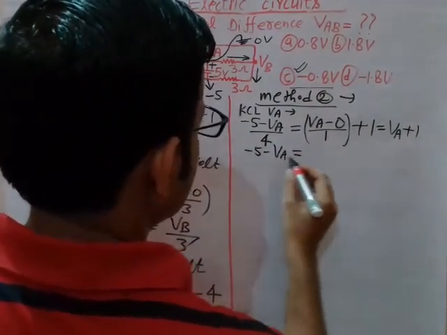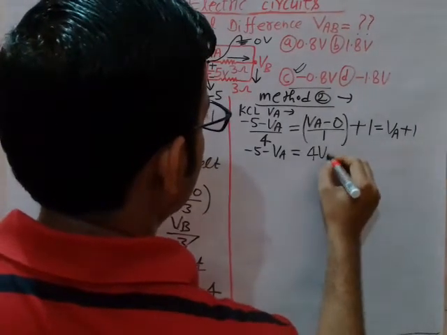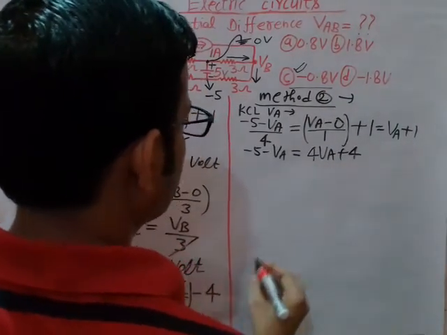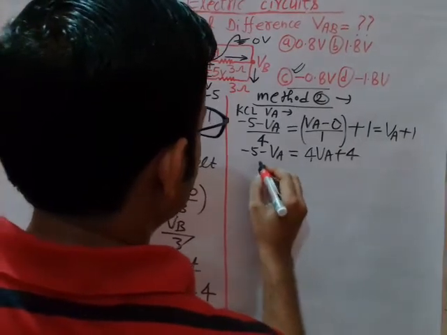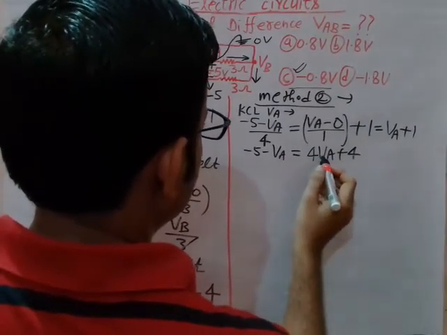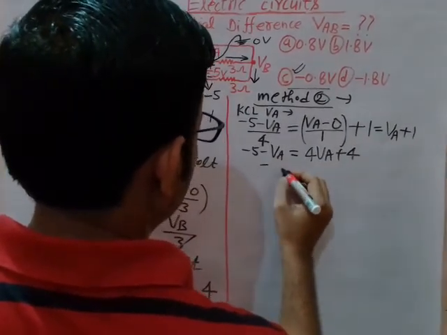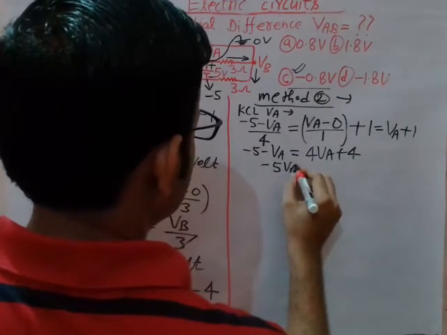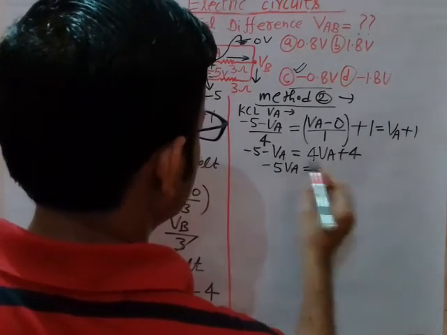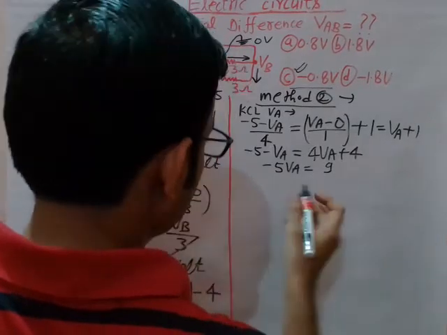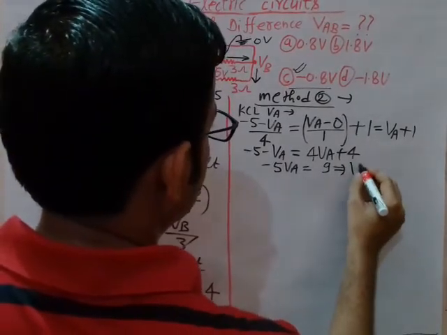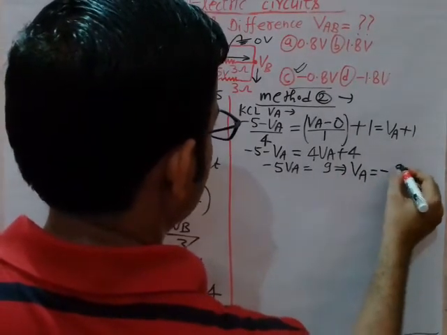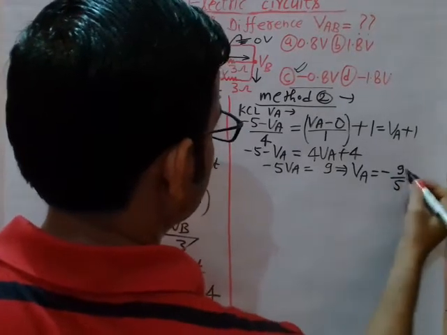So -5 minus VA is equal to 4VA plus 4. Or you can write minus VA minus 4VA, that means minus 5VA is equal to 4 plus 5, it is 9. So from here you will write VA is equal to minus 9 by 5, right?